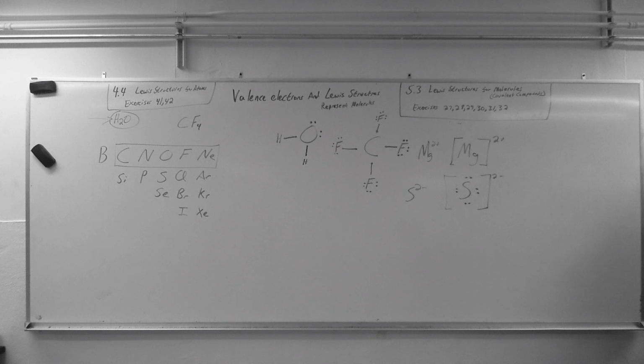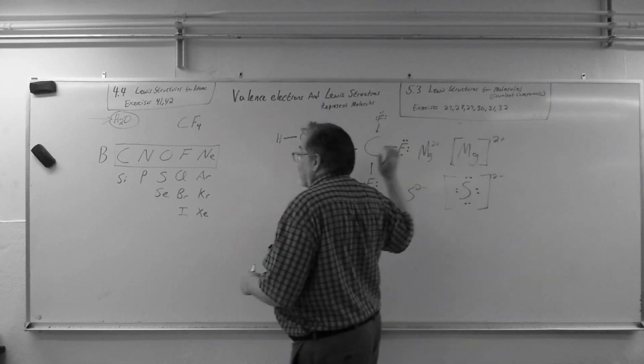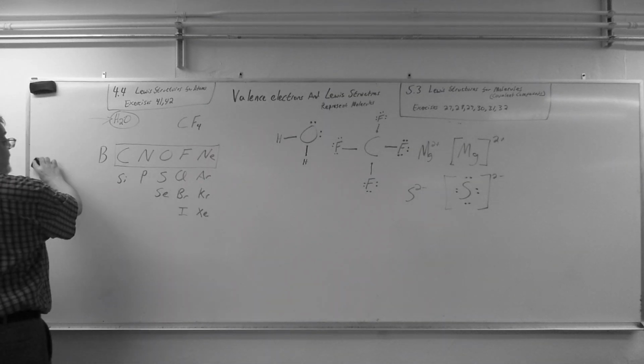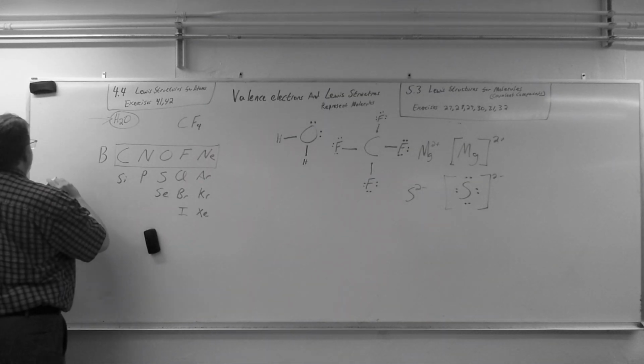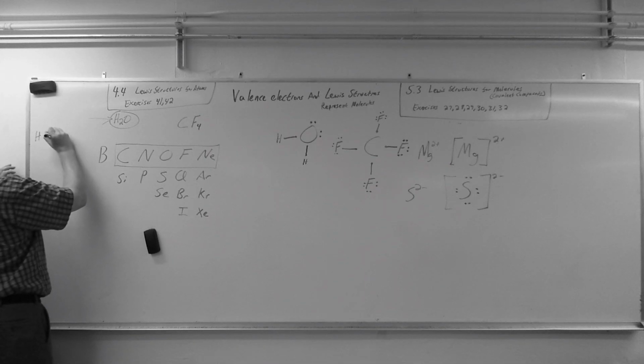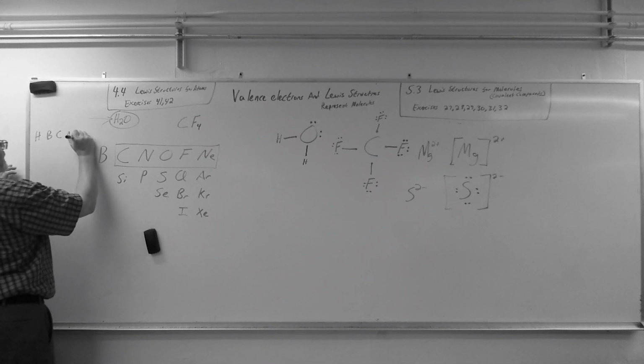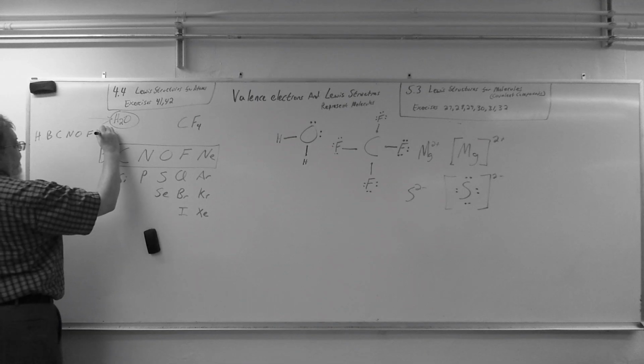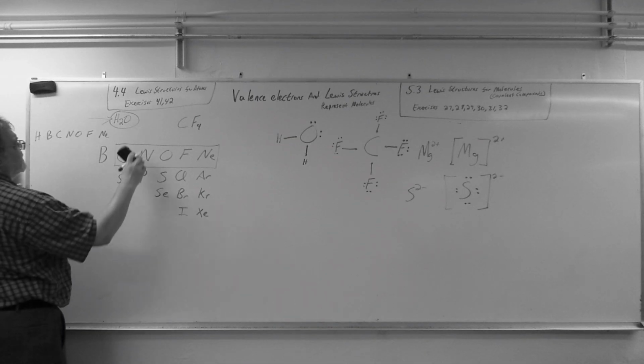And not even the ions, because we're not talking about ions anymore, even though I can't stop from bringing them up. But it's these I want to get to where you're making a Lewis structure. Hydrogen, boron, carbon, nitrogen, oxygen, fluorine, and neon.